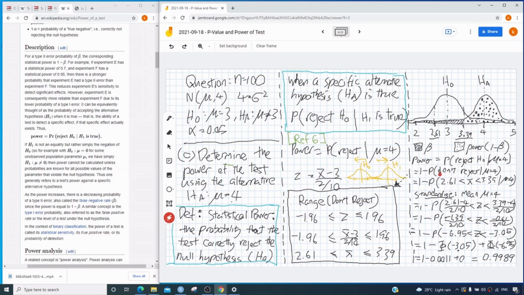Now we look at the formulas. Power equals P(reject H0 when H1 is true). H1 is mu equals 4.